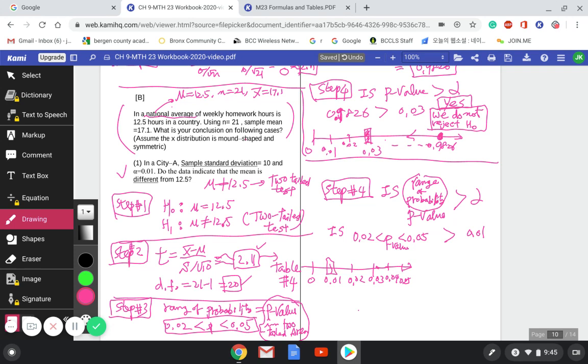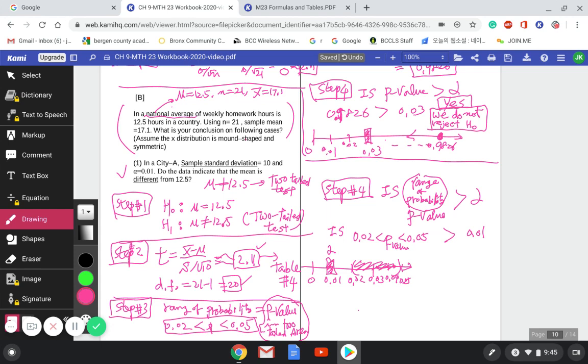So here is level of significance and range from here to there. So is this range bigger than level of significance, 0.01? So yes, it is. Okay.